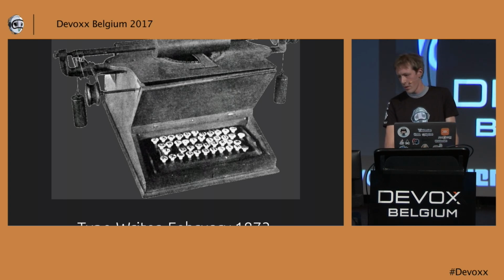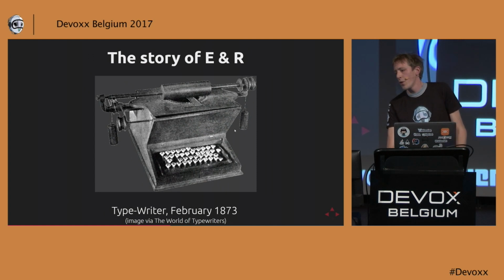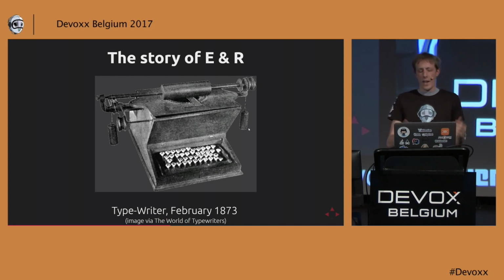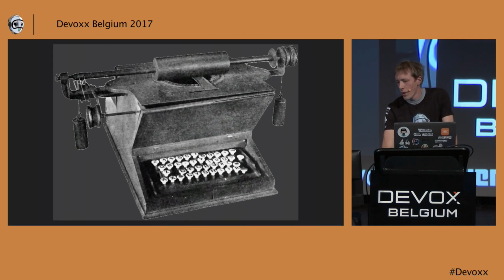Let's zoom out for a bit. This is the story of E and R and why they got switched anyway. This is an example of a typewriter from 1873. So this already has some QWERTY signals in place. This is the dot key, and the R key is right here. So these weren't even switched yet.